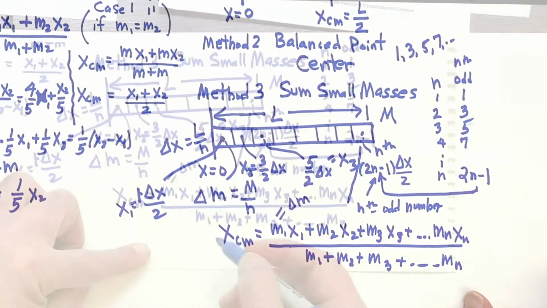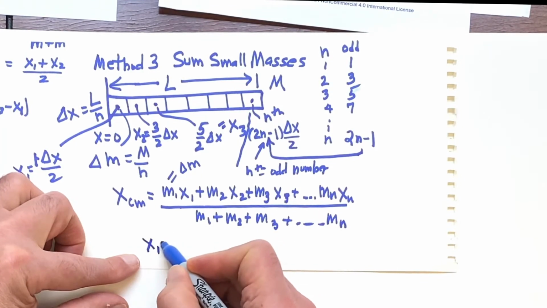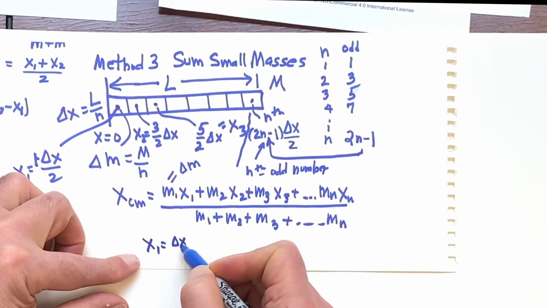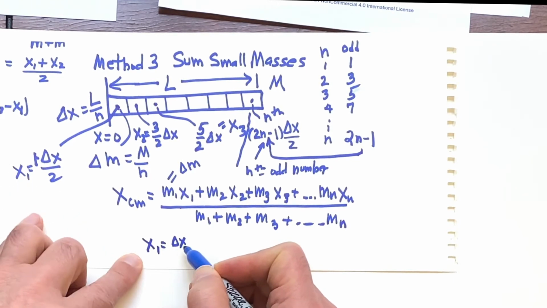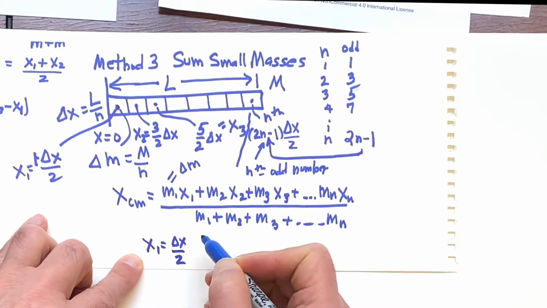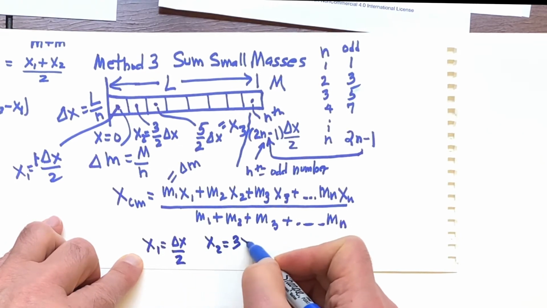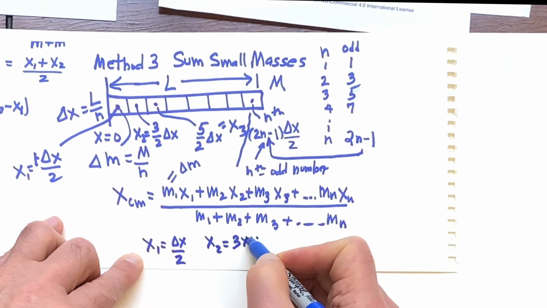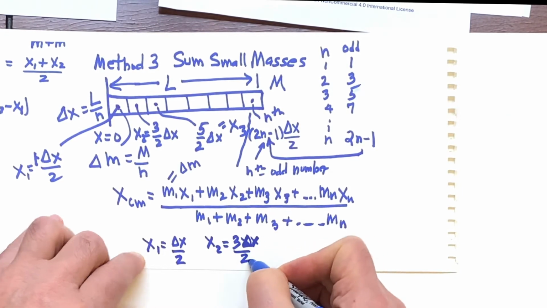So let's do that. x1 is delta x over 2. x2 is 3 delta x over 2.